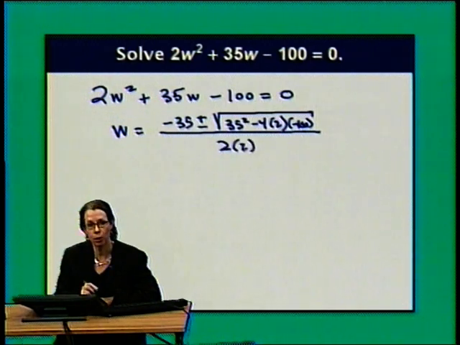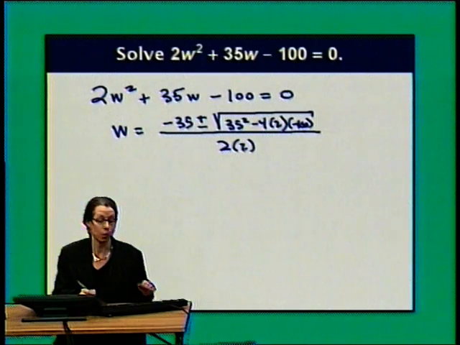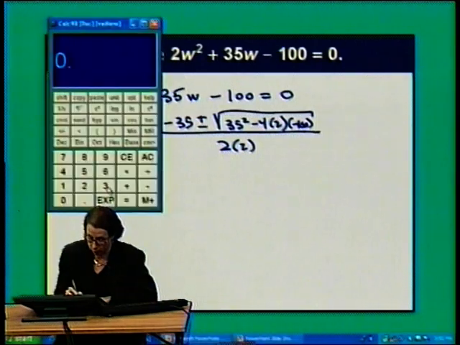Once again, I'm going to pull out my calculator to evaluate the expression under the radical first. I have 35 squared minus 4 times 2 times negative 100.